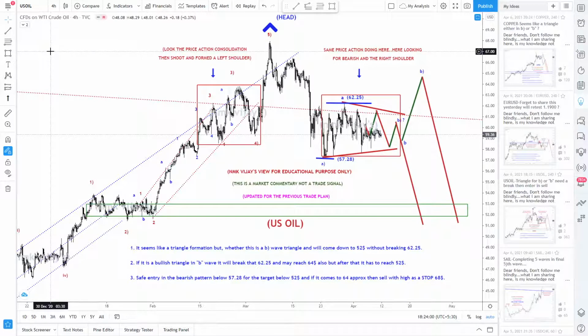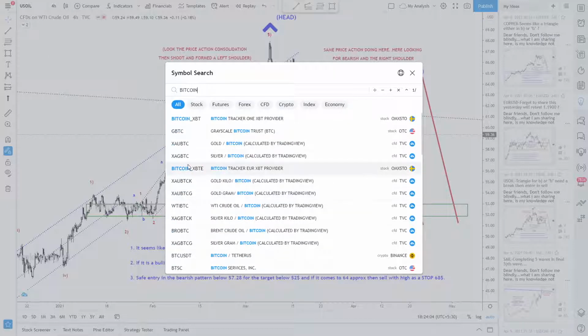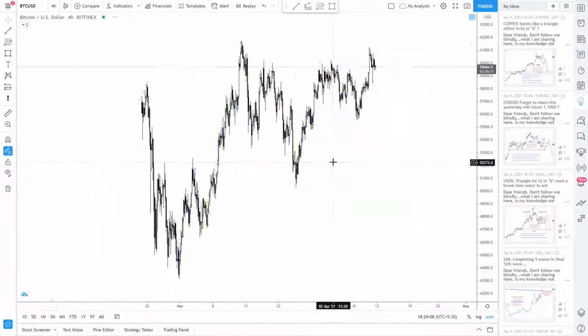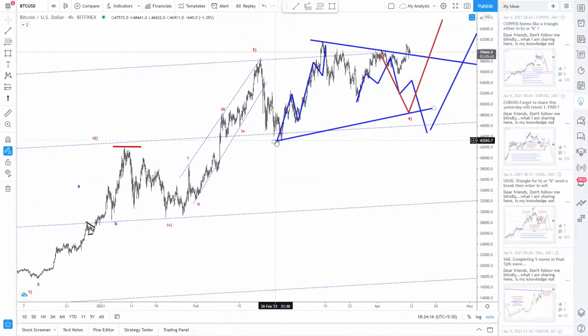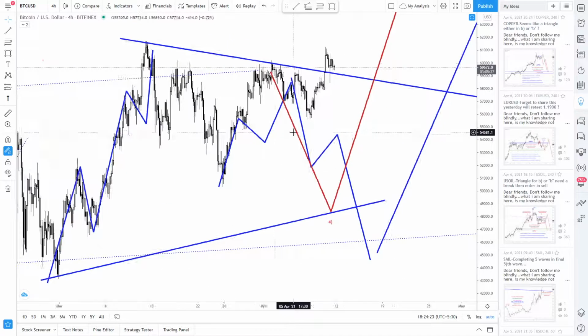So let's move on to Bitcoin. It has not yet broken the high. Whether it is going to make a triangle, I have said this looks like a five-wave structure, and again a three-wave structure, and again it's looking like a three-wave structure.